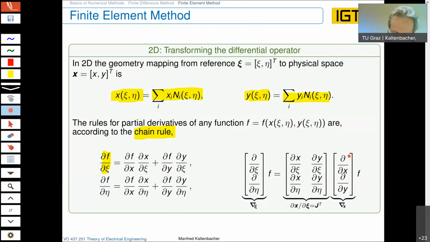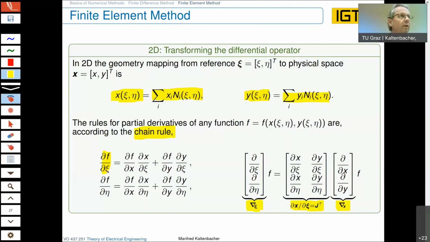And then we see that what we have here is a nabla operator with respect to the local coordinates and the nabla operator with respect to the physical space, the global coordinates as we call it. And in between is the Jacobian transpose.